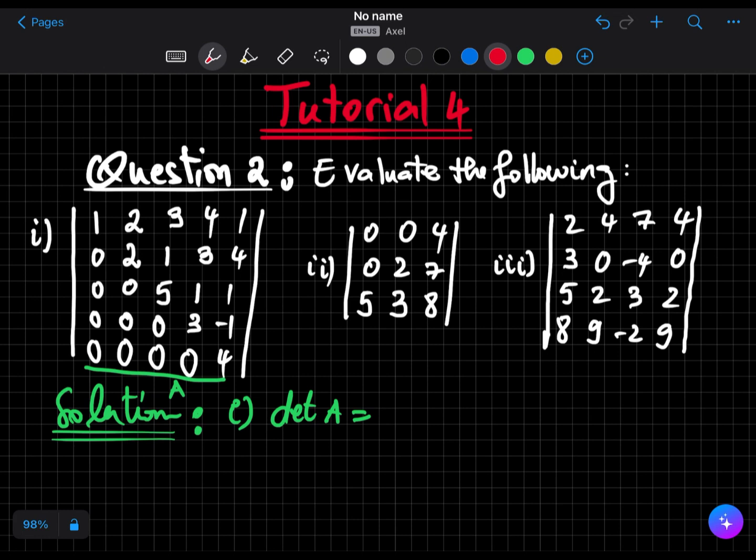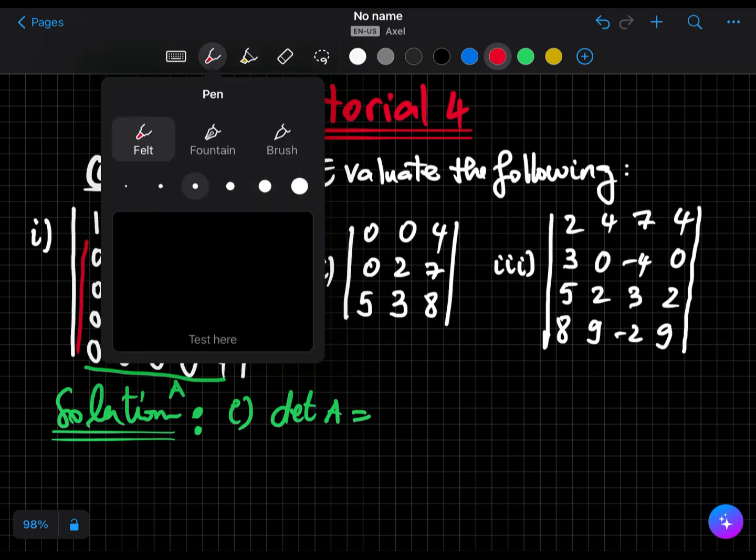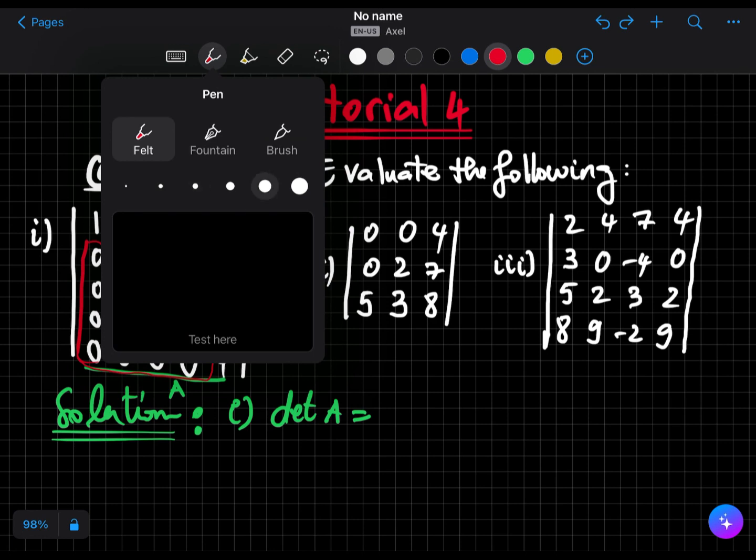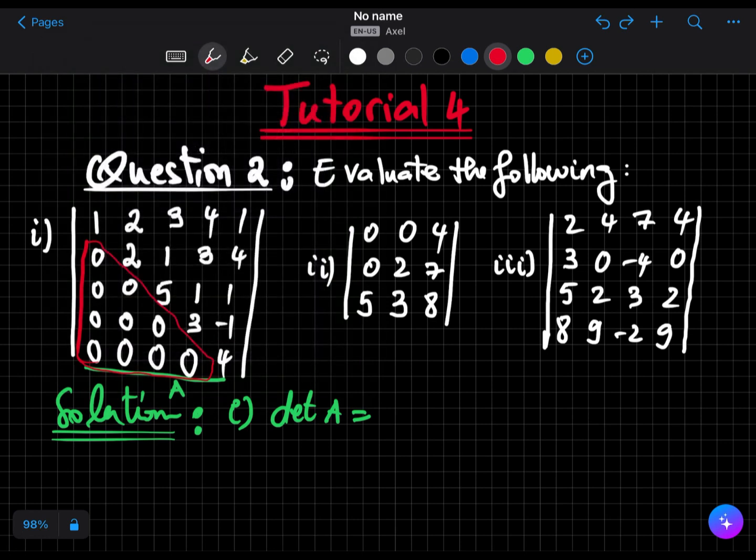You realize that the lower diagonal elements are all zero.